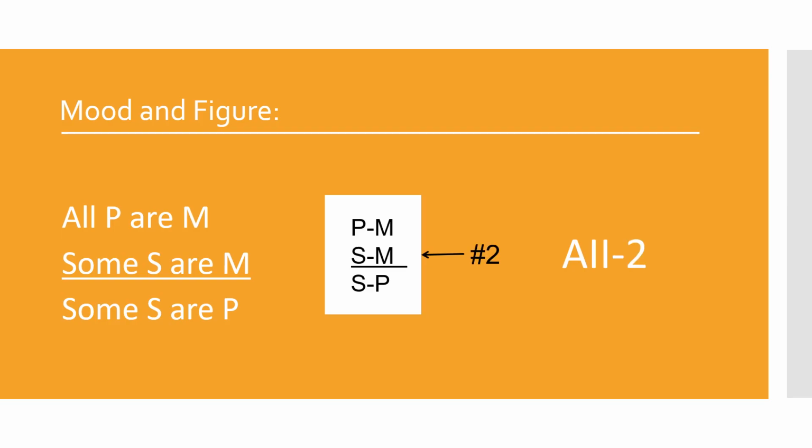And of course, the figure is determined by looking at the middle term. And in this case, notice the middle term is sitting on the outside of both of my premises. It stands as the predicate of the major and the minor premise, and that is figure 2. So the mood and figure of this is simply AII-2. So let's walk through one more example and then we can put an end to this video.